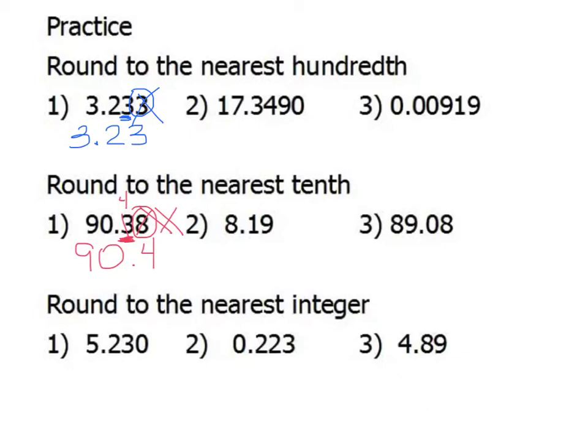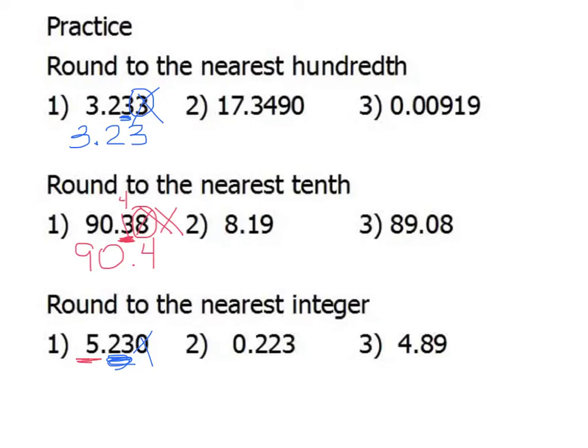So when I look at this, I look at my $5 and then I look at my 23 cents. At this point, I can just kind of ignore whatever's farther to the right of my hundredths place or of my cents. I ask myself, is $5.23 closer to $5 or is it closer to 6?